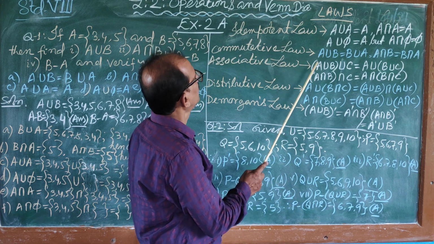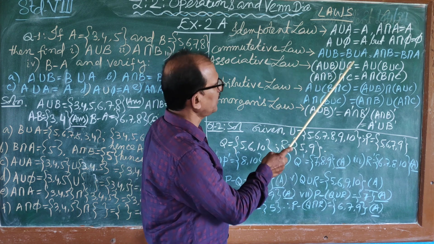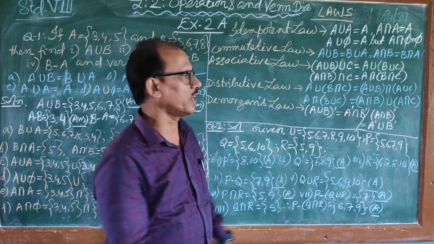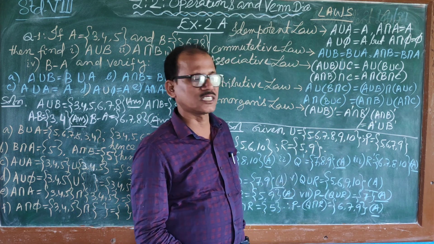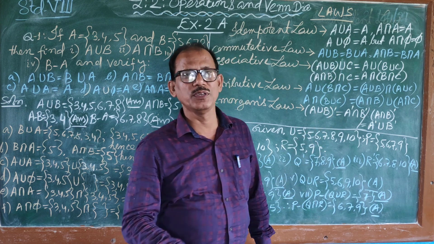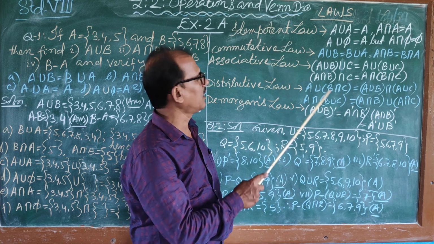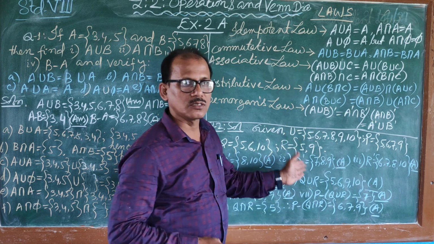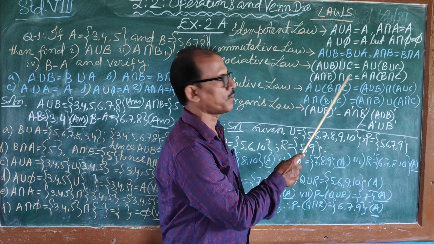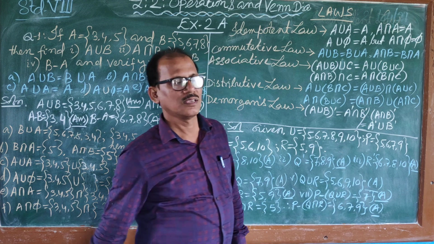Similarly, here the associative law will be (A union B) union C. A union B is a set, and if you take the union with the set C, that will become A union (B union C), where B union C is a set. You understand? Similarly, (A intersection B) is a set and C is a set, the intersection will become A intersection (B intersection C).